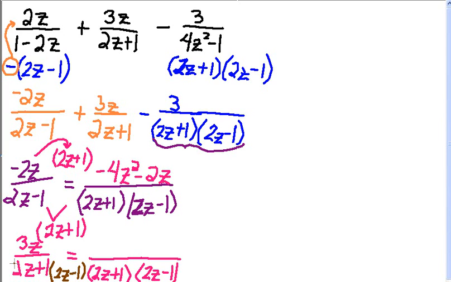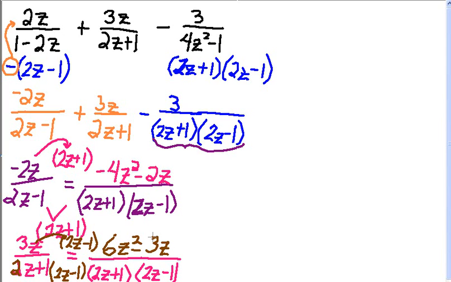And whatever I multiply the denominator by, I have to multiply the numerator by 2z minus 1. Again, to save a step, I'm going to go ahead and distribute my 3z. So 3z times 2z gives me 6z squared. And 3z times negative 1 gives me minus 3z.